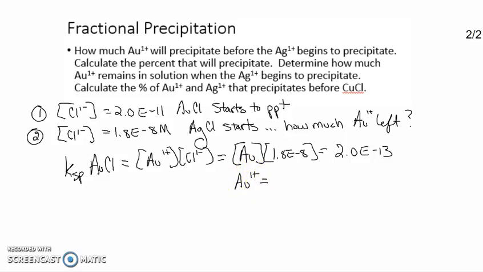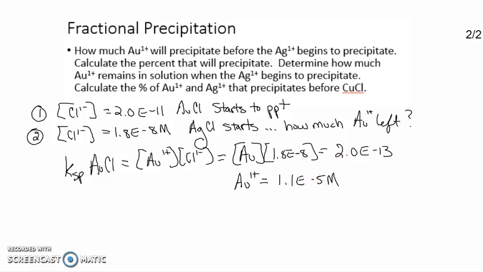When I solve for the gold concentration, I find that the molar solubility at this point is 1.1 times 10 to the negative 5th molar. And that's an extremely weak solution.